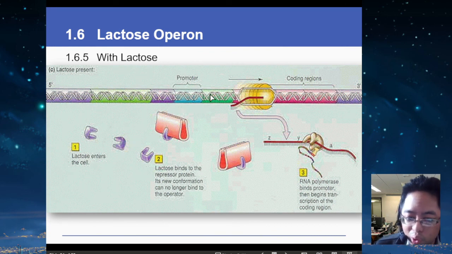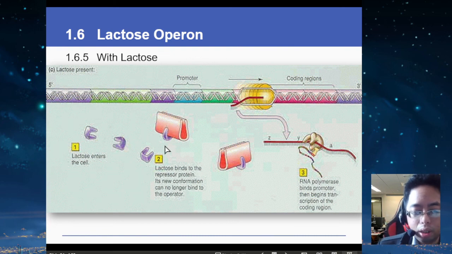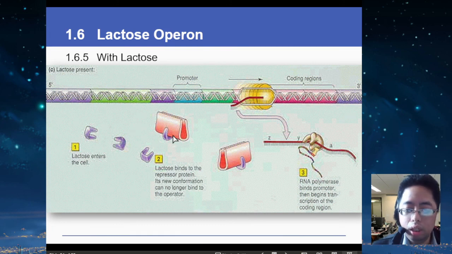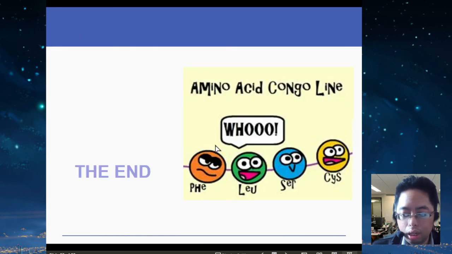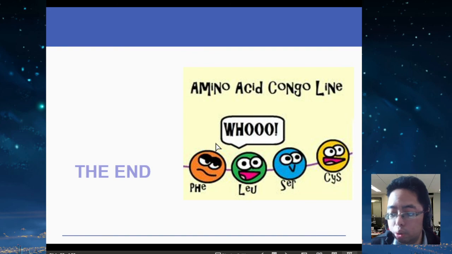Go and make mRNA to make the lactase. So now the bacteria can get sugar from lactose. Now the promoter has been freed because the repressor protein has been removed. The gene is turned on. The end, and I hope you stay tuned for the next class.